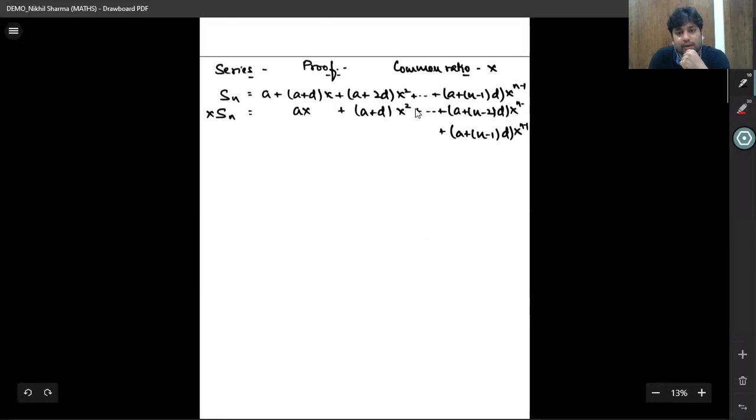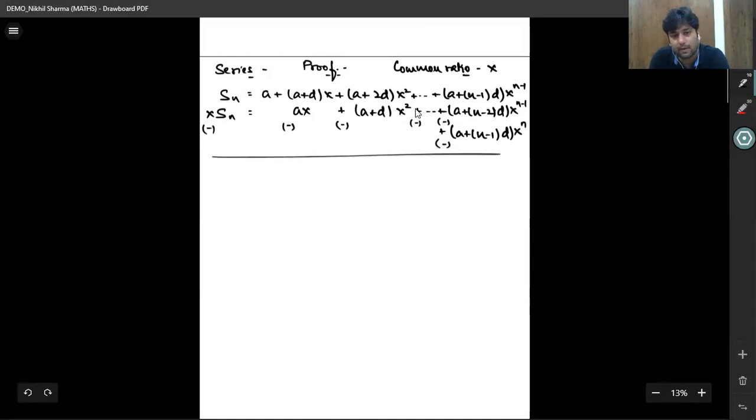Now this would become n minus 1, and this would become n. So this would help us in subtracting both the series. How? Let me change the signs if I want to subtract. Let me put a minus sign over here, then a minus sign, and so on for each term.